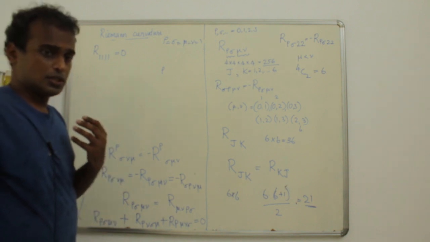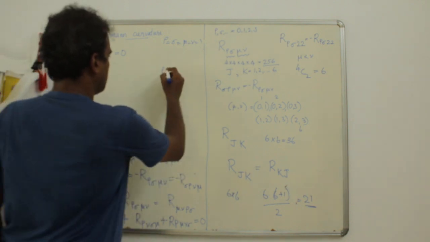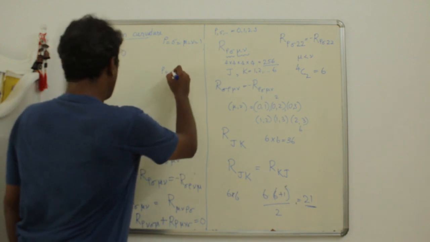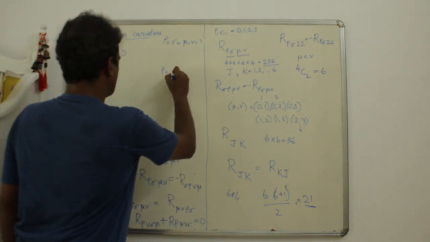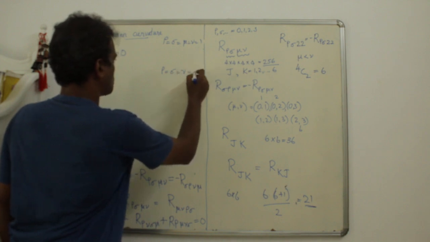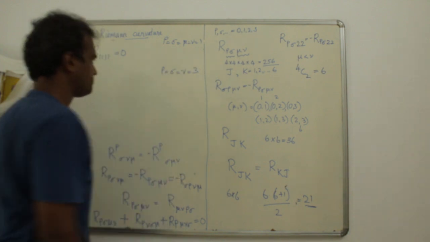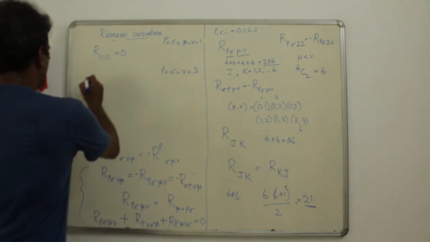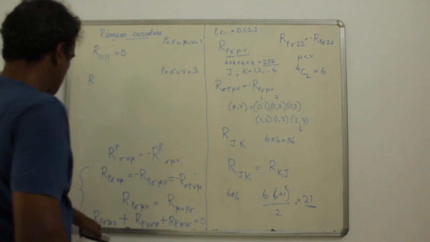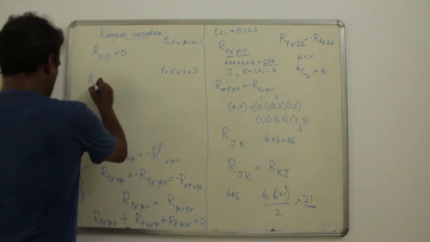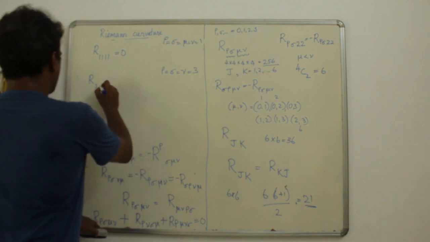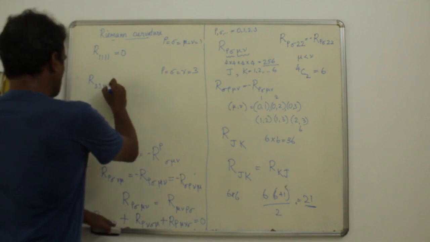I'll just show you one example in which I choose rho equal to sigma equal to nu equal to, let's say, 3. If I consider this type of a component, then we get R, since rho is 3, sigma is 3, mu is not fixed, and nu is also 3.